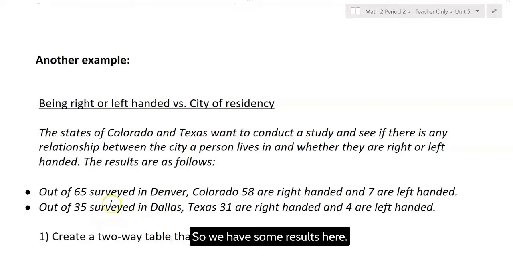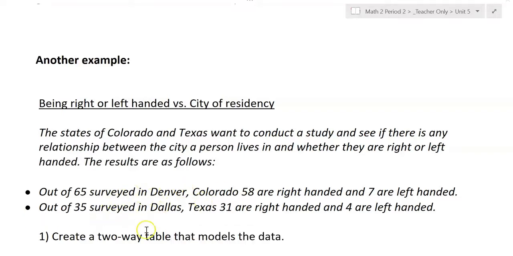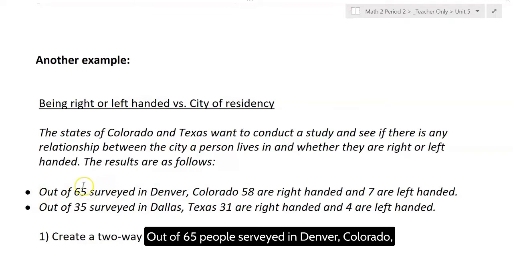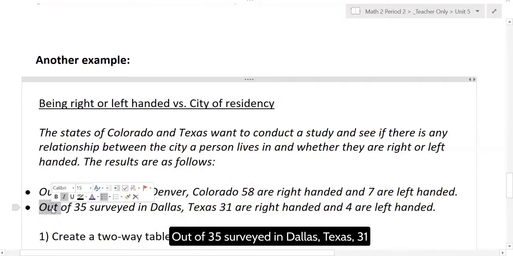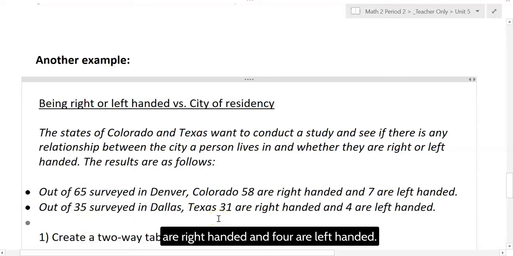So we have some results here. Out of 65 people surveyed in Denver, Colorado, 58 are right-handed and 7 are left-handed. Out of 35 surveyed in Dallas, Texas, 31 are right-handed and 4 are left-handed.